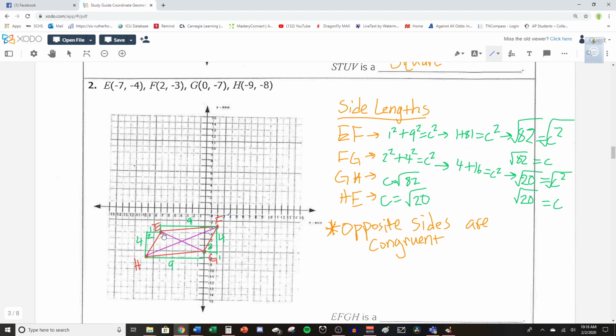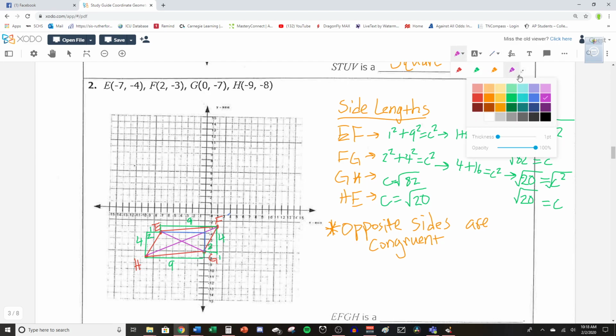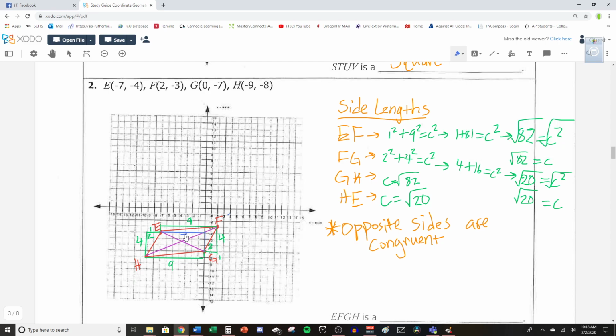Okay, purple lines, we're going over and down right there. Those lengths are, we have 1, 2, 3, 4, 5, 6, 7, and then down 1, 2, 3. So 7 and 3. Let's look at this one here. We're going up and to the right.